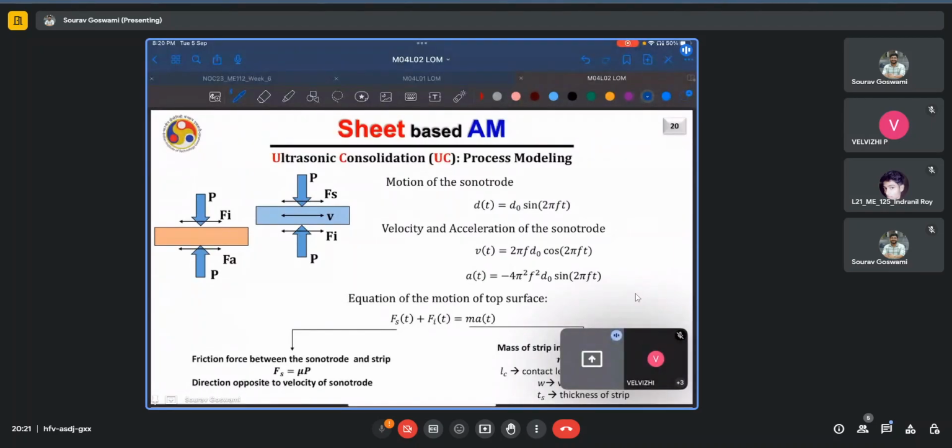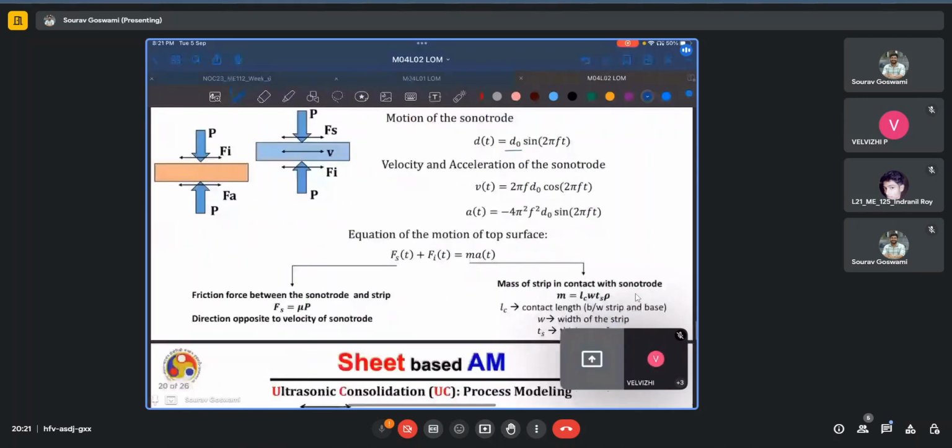And if d naught is the amplitude, the displacement for this motion can be modeled as d(t) equals d naught sine 2 pi f t, f being the frequency of oscillation, and then the velocity and acceleration can be easily obtained. Then, using Newton's laws, the equation of motion of the top surface can be developed.